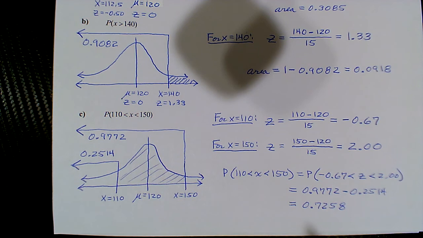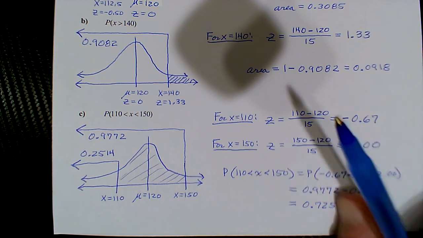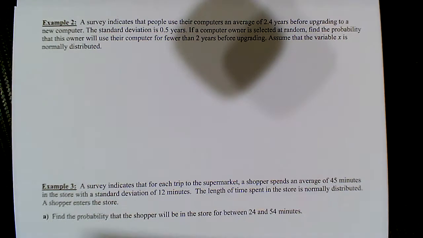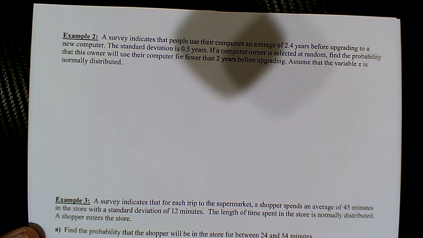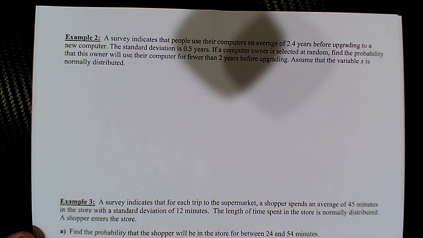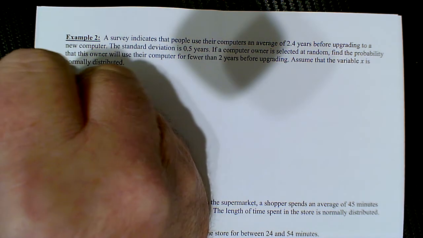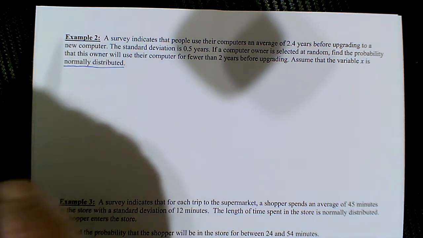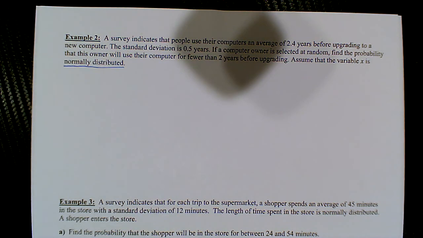So now we consider looking at word problems. So your favorite. I'm being facetious when I say that because I know students generally frown upon word problems. But keep in mind that you're looking for three key things. First off, that the variable is normally distributed, and that you could pretty much guarantee will be stated.